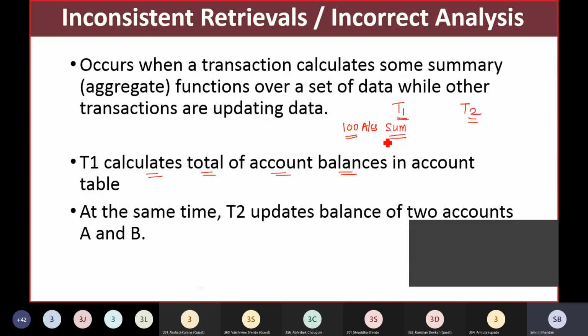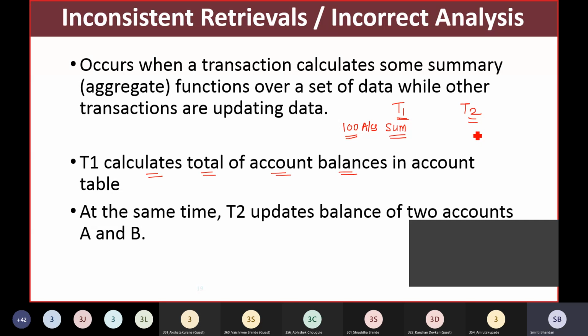So transaction T1 is summing up the balances including A and B, and at the same time T2 is updating those balances of accounts A and B. So obviously one transaction is performing some aggregation function over all the data, while other transaction is updating few of the accounts from the same data or updating the same data, right? So obviously, as a result of execution of these two transactions, obviously we are getting some undesirable results, right?